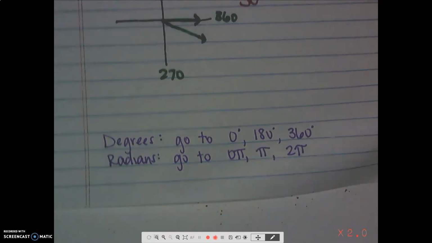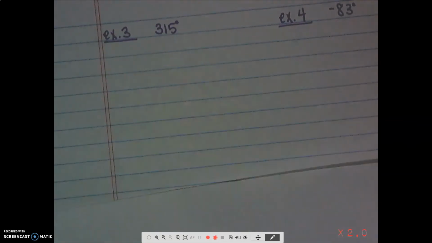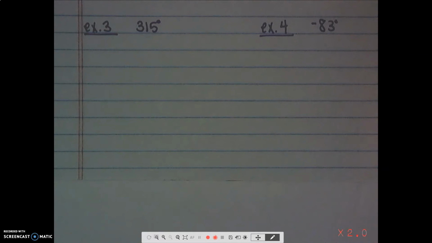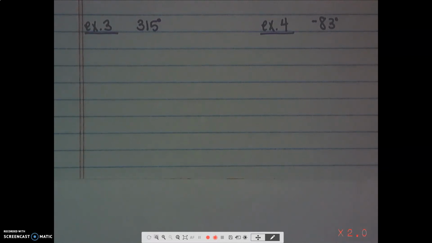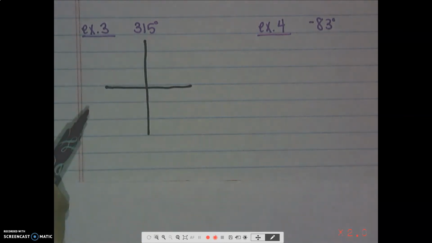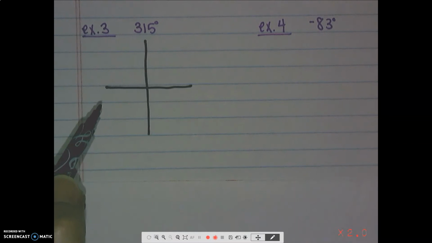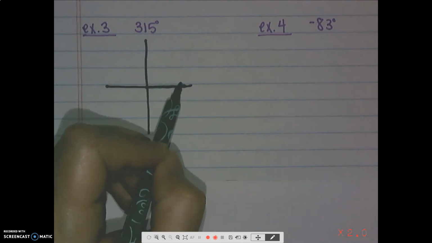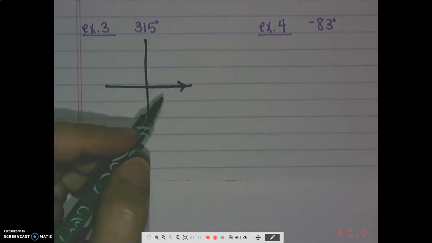All right, so let's take a look at a few examples here. We're going to do some in degrees, and then we'll do some in radians. Okay, and again, starting off, it might be beneficial for you to graph them to know which quadrant you're in in order to know how you're going to find the reference angle. All right, so we have 315 degrees, which we know is in the fourth quadrant here.